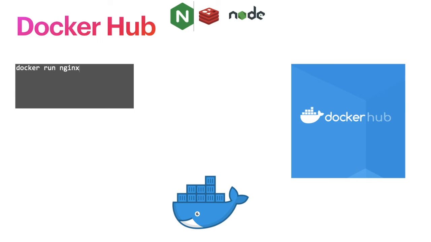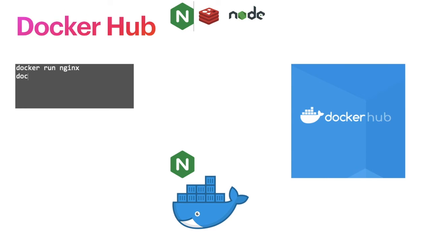So for example, now you want to run any application or any image on your local system. This is very easy. You just need to run only one command, that is docker run application name. So in case of Nginx, if we run the docker run nginx command, it will pull the image of Nginx and it will start running that image in the form of a container on our Docker host.